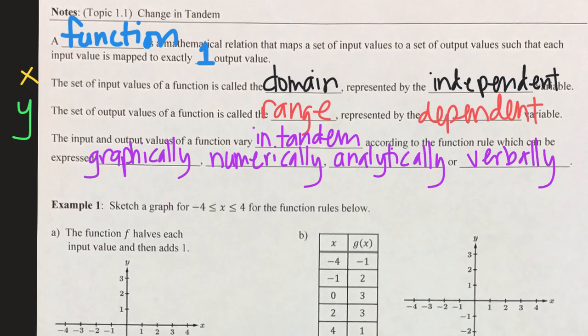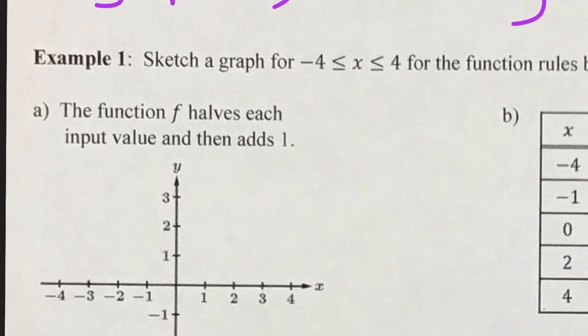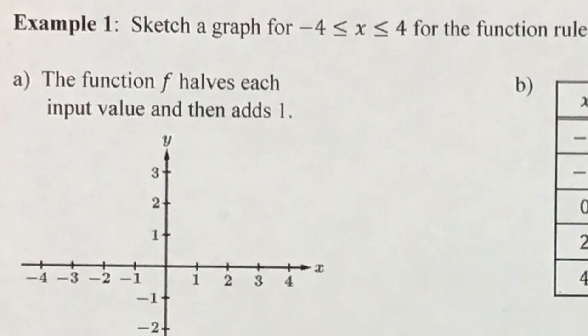So here we have example 1. We have a restriction from -4 to +4. Right, those are the only x values that we're concerned about. And number A says, what if we take f halves each input value and then adds 1. Halves each input value and then adds 1.